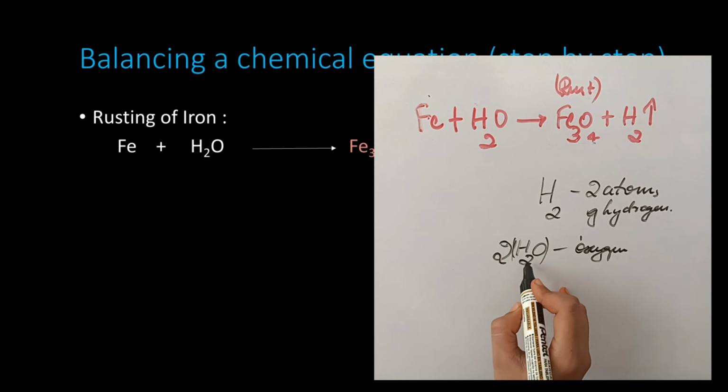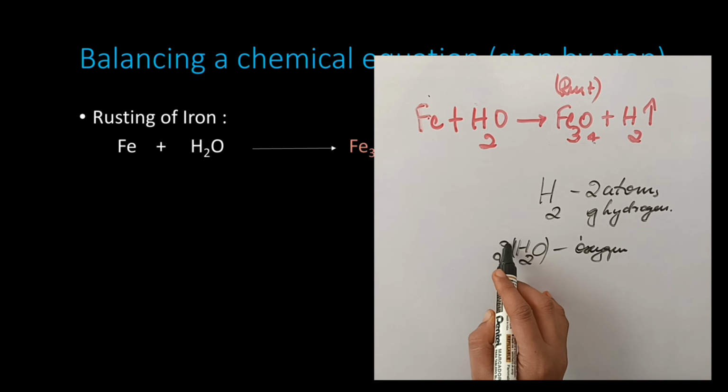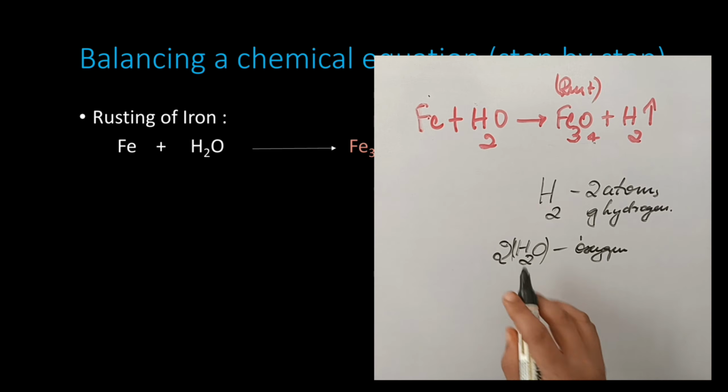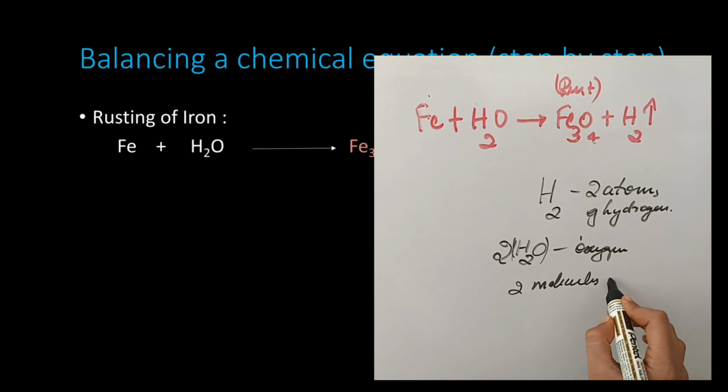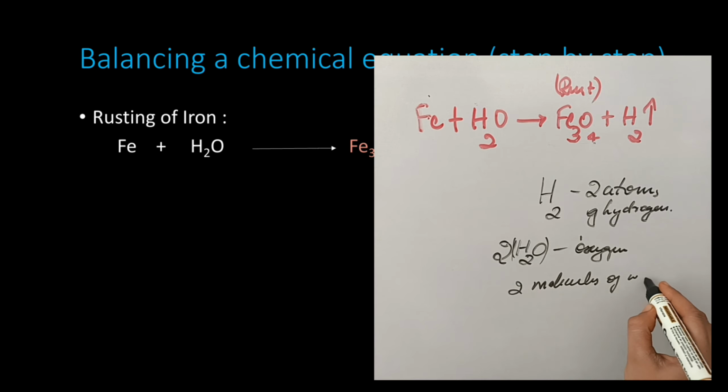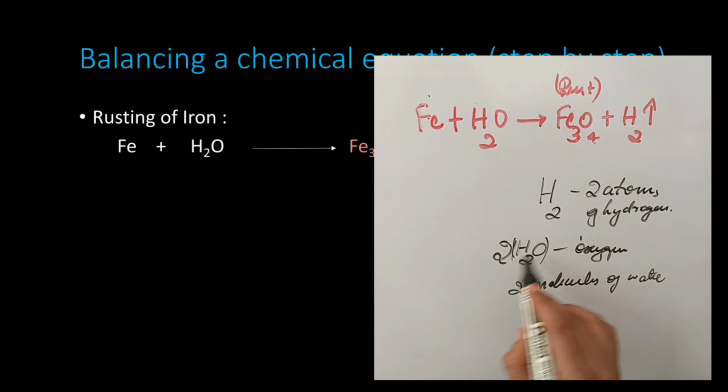2 atoms of hydrogen, 2 atoms here, right? It means there are 2 molecules of water. 2H2O means, how many hydrogens are there in one molecule?